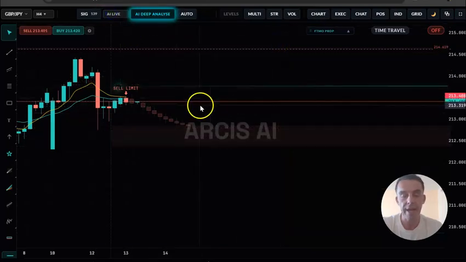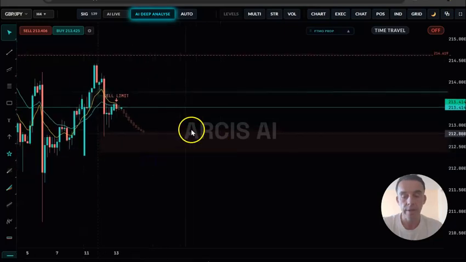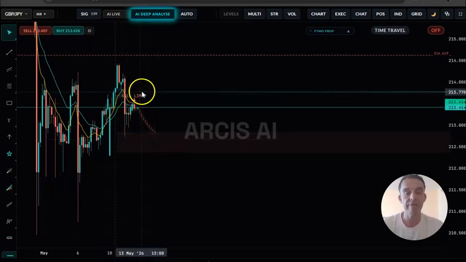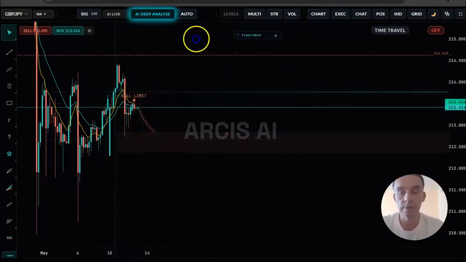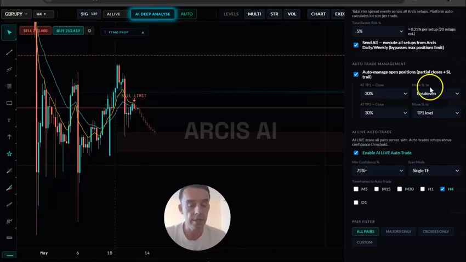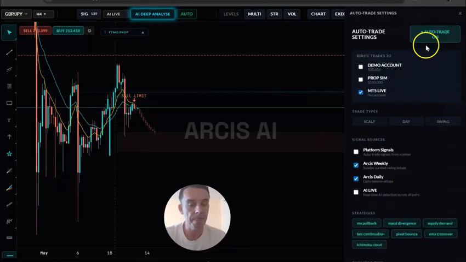When you turn AI live off, that all goes. This orange box, this red box stays here because there's a sell limit. The AI live trade stays. The auto trade section is here, so you can select your auto trade settings here.